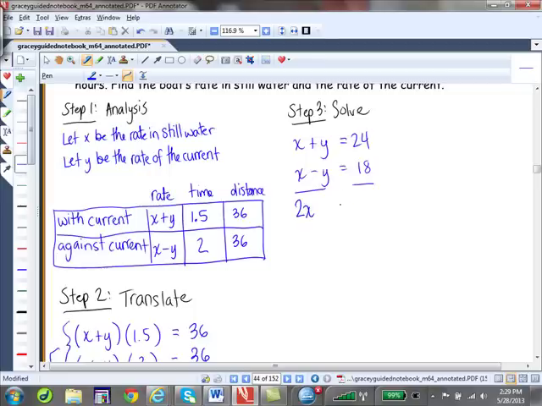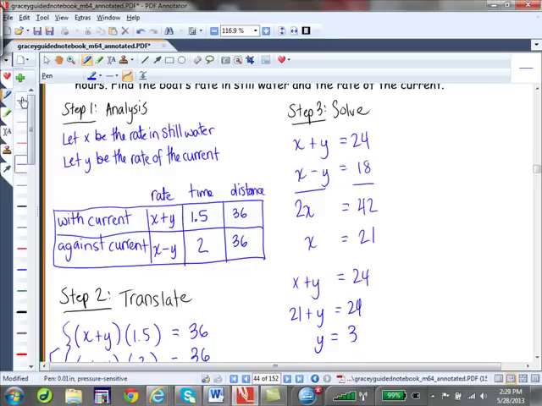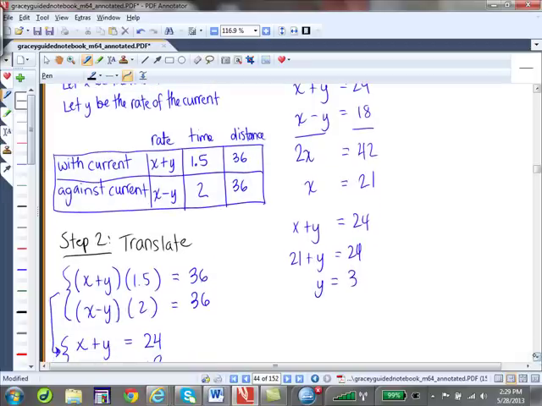So you get 2x is equal to 42, and then isolating x, which was that rate in still water, you get x is equal to 21. Back substituting that value, you can pick either equation. If you use x plus y equal to 24, we get 21 plus y is 24, which means y must be 3. So now you just need to state your conclusion in words, which is that last step of an application problem.